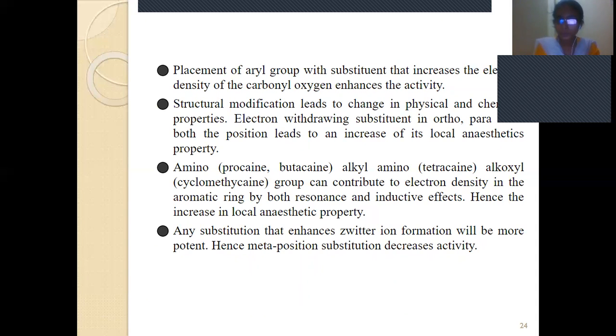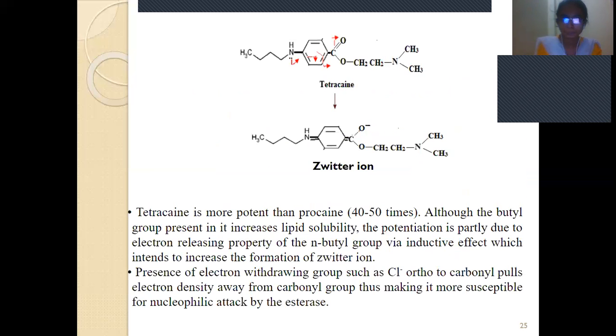Amino, as in procaine and butacaine, alkyl amino, as in tetracaine, and alkoxy groups can contribute to the electron density in the aromatic ring by both resonance and inductive effect, so they increase the local anesthetic property. Any substituent with enhanced zwitterion formation will be more potent. A meta position substituent decreases the activity. So if changes occur in the ortho and para positions, the activity increases, but substitutions in the meta position decrease the local anesthetic activity.